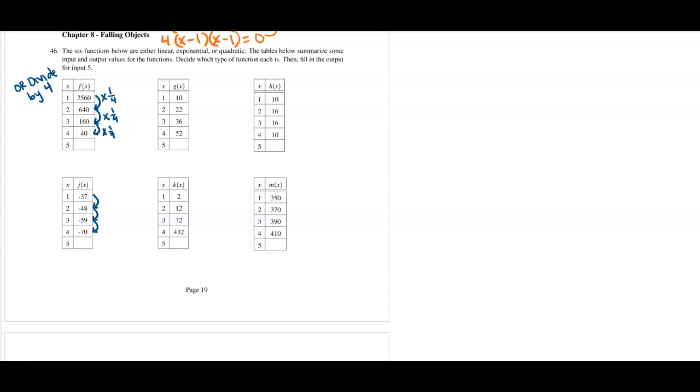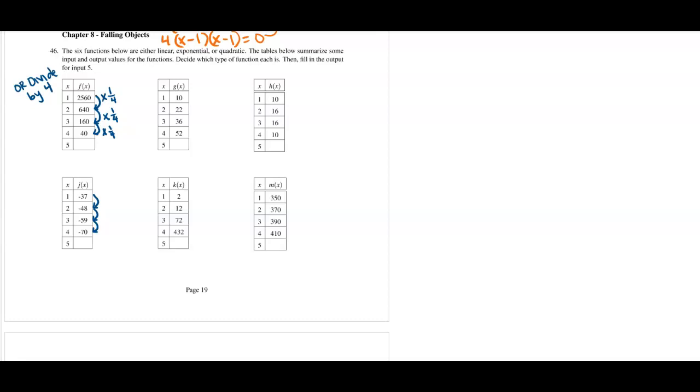So again, to figure that out, you're going to put 48 or negative 48, and then let's minus that negative 37. So negative 48 minus the negative 37 gives me a negative 11. So I'm subtracting 11.